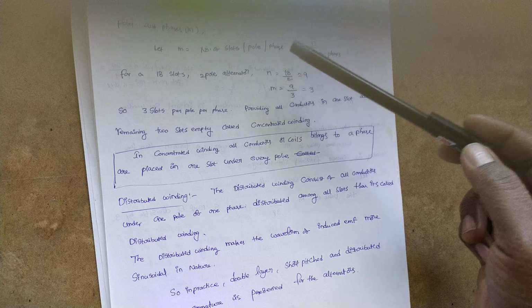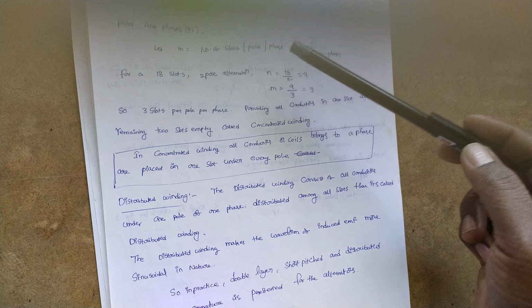Number of slots per pole, pole pitch equal to 18 by 2. Number of slots divided by number of poles, or number of slots per pole, is known as pole pitch, that equal to 9. Now it is a 3 phase. m equal to number of slots per pole, 9 by 3 phase, it is 3.